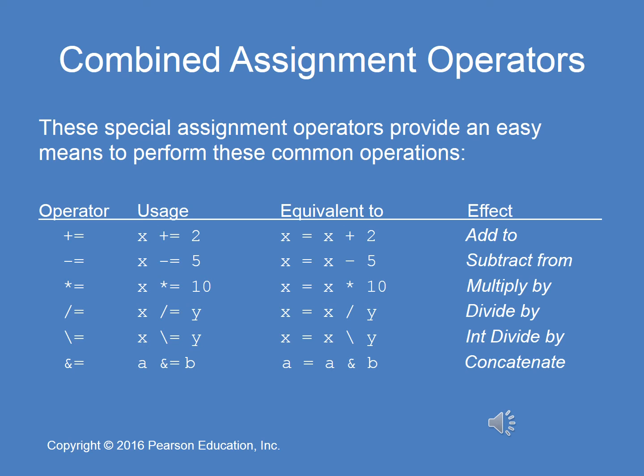Asterisk equal, multiplication equal, divide equal, integer divide equal, and concatenate are all part of the combined assignment operators, which are shortcuts. Once again, your code is not incorrect if you use the longhand equivalent, such as x = x + 2 instead of x += 2.